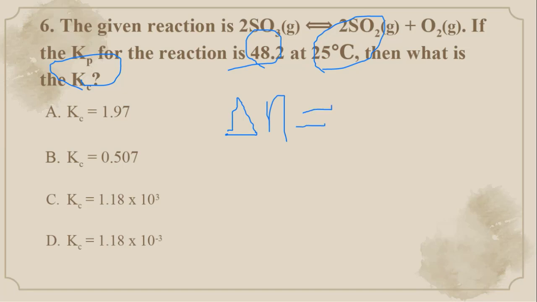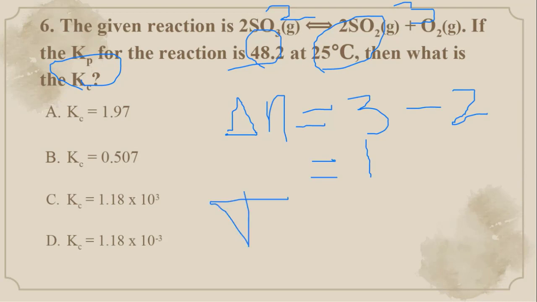So how many moles do we have on the right side? Three. And on the left side we have 2. So together we get 3 minus 2, so equals 1. Okay, what about T? Is 25 degrees Celsius ready for this formula?